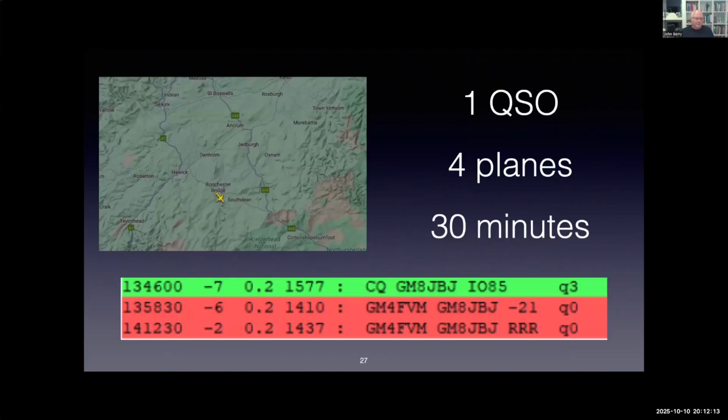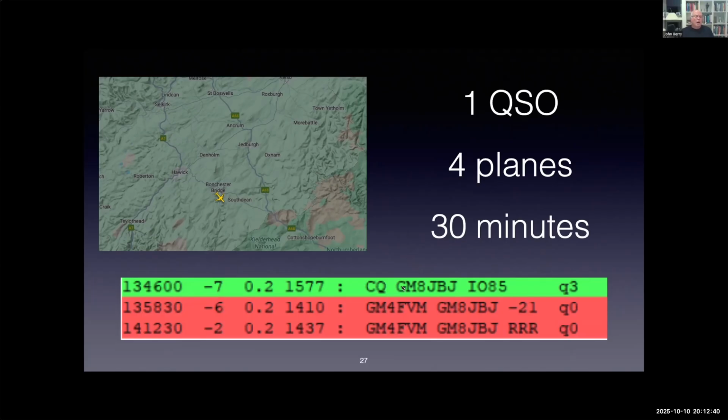And here's the answer. We were overjoyed. Here's what happened. Basically, at 13:46, an aircraft arrived. Remember that we couldn't communicate without the aircraft. We turned everything the wrong way and switched everything off. And we knew that we could not communicate. At 13:46, we got an aircraft which gave us a signal of -7.